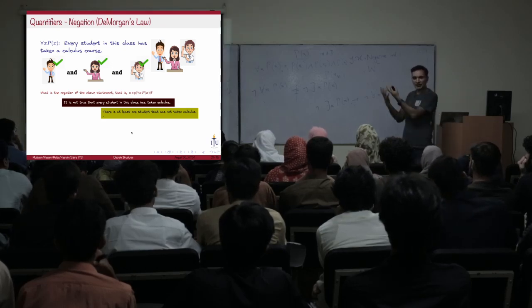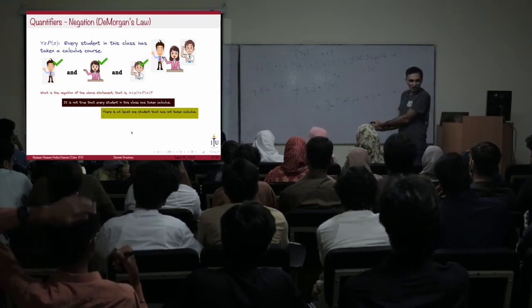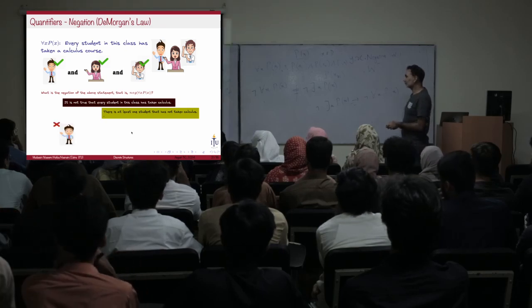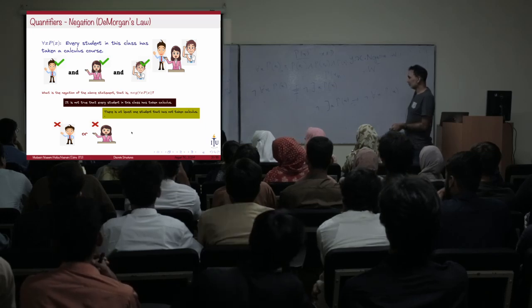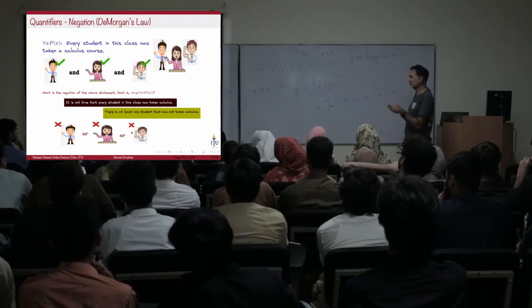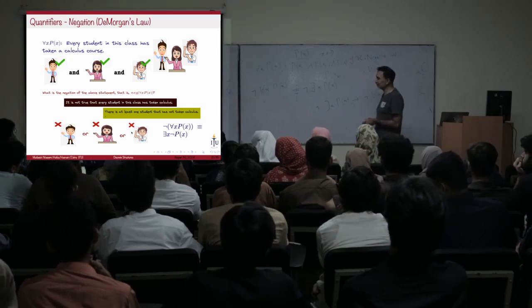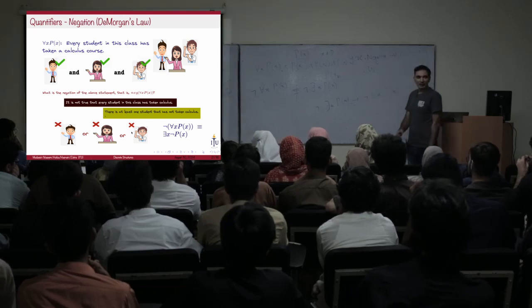P of x says x has taken calculus; not P of x says x has not taken calculus. So I can write it down as this happens, or this happens, or this happens. So I get there exists x, negation of P of x. Are we good?